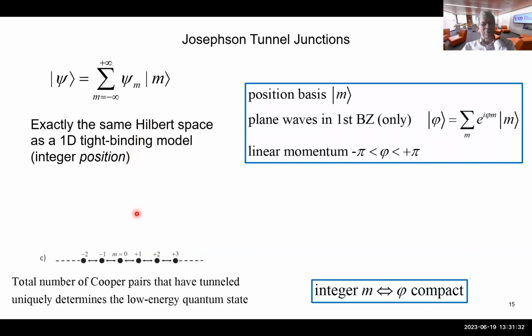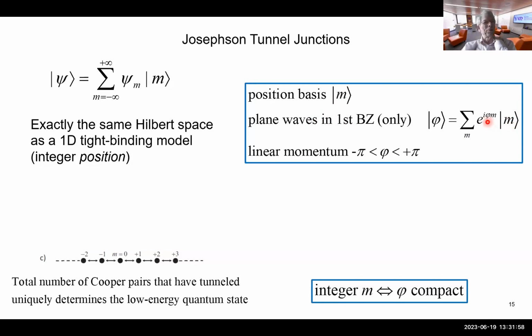And the site label just tells you how many Cooper pairs have hopped from one side of the antenna pad to the other side through the junction. There's a position basis, but the positions only take on integer values. And you can make a plane wave basis, but it only lives in the first Brillouin zone.